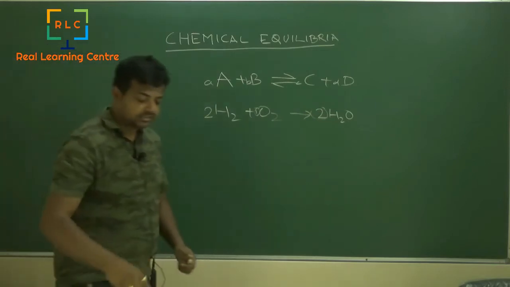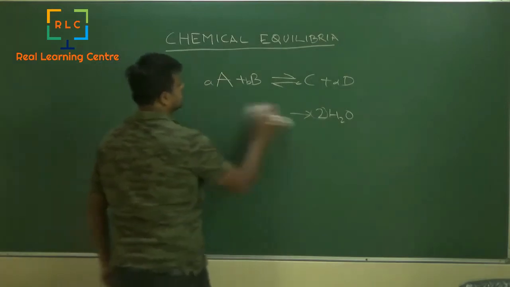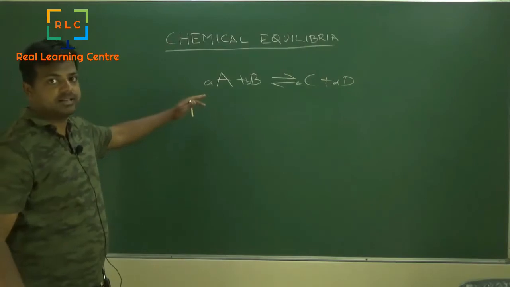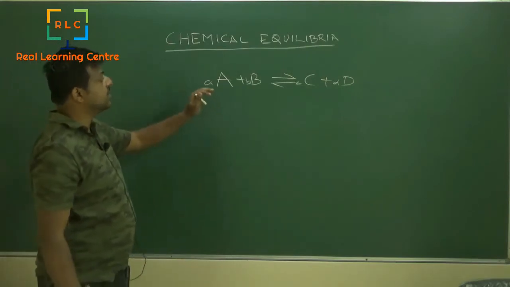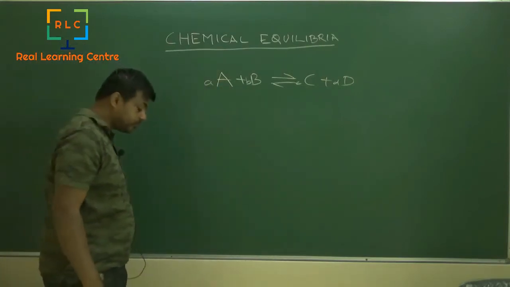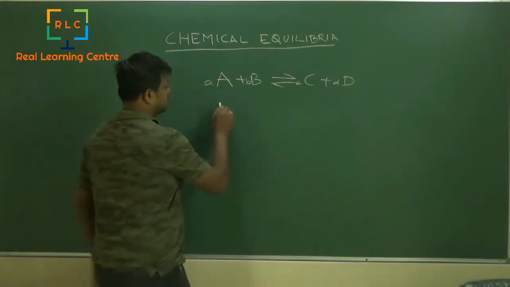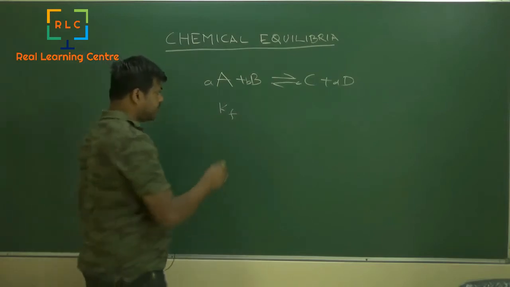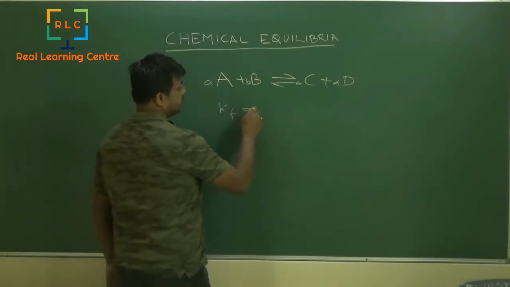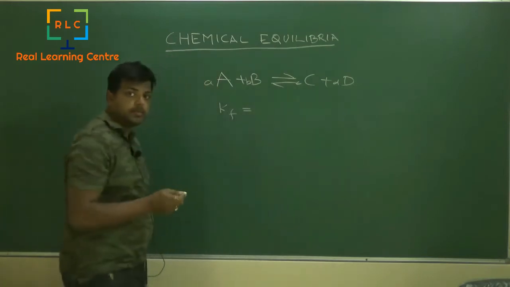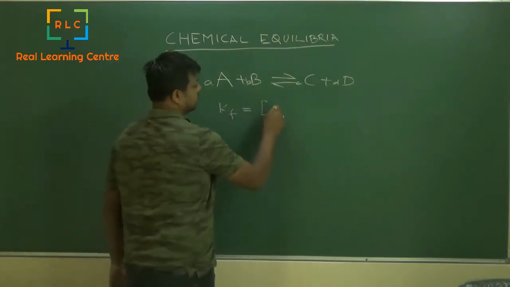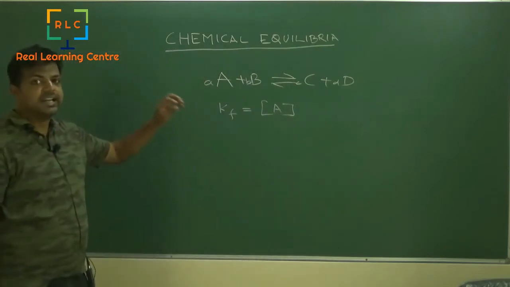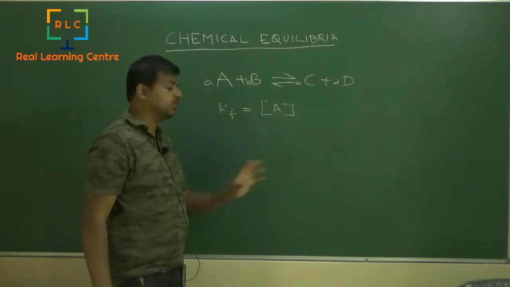So the law of mass action states that the rate of the reaction is proportional to the molar concentration of the reactants raised to their stoichiometric power. So for a forward reaction, right, my reactants are A and B. So molar concentration, when we represent it like this, with the reactant in square brackets, it means that we are talking about molar concentration.